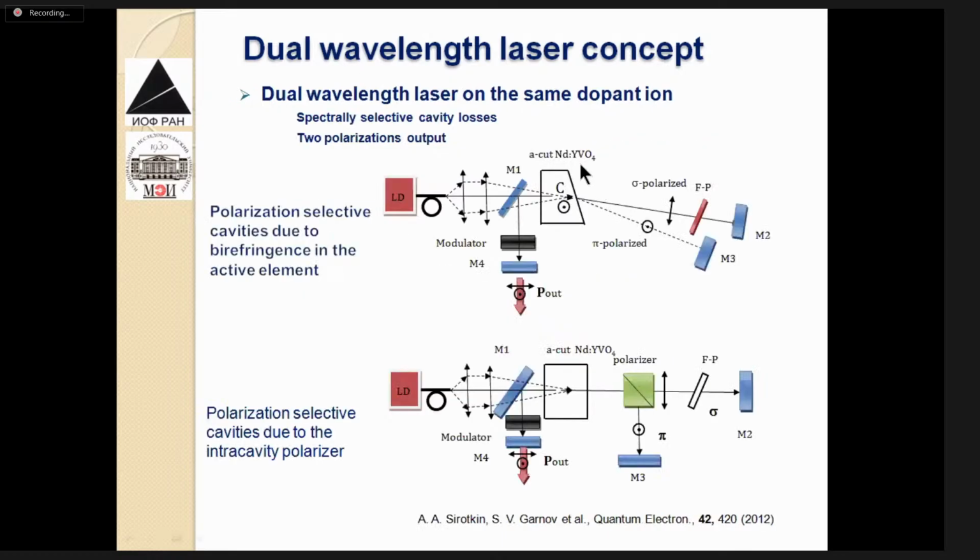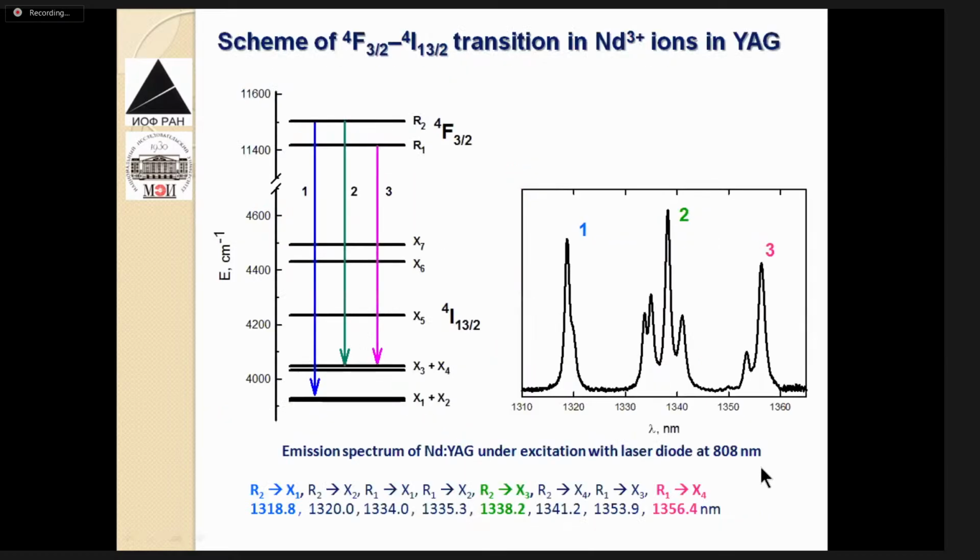Also, it is possible to use, for example in vanadates, the anisotropy of the active element. You see here there were some publications, or an additional polarizer that can split the radiation into different polarizations and control the amplification gain in each polarization by some intracavity elements. So in our case, we considered multi-wavelength oscillation at the transition that is also rather popular.